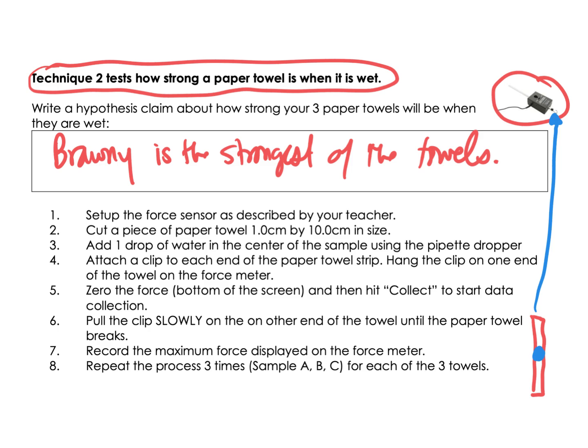We used this force meter connected to our iPads, and on there it would record the force. We'd zero it, and then start pulling on the paper towel until it ripped. From there we could figure out the maximum force that it took to rip that paper towel.